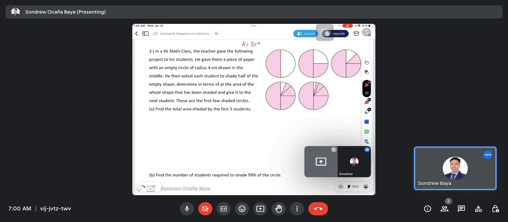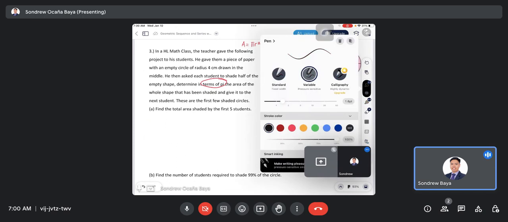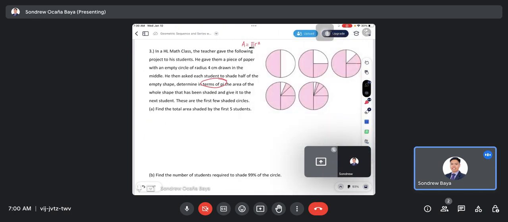Now remember, you are being told here to determine the area in terms of pi, which means we have to keep the area with the pi, without simplifying pi. So we don't have to multiply the value of pi with r squared. We have to keep it as pi. That is what in terms of pi means.